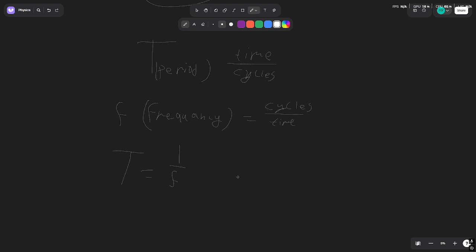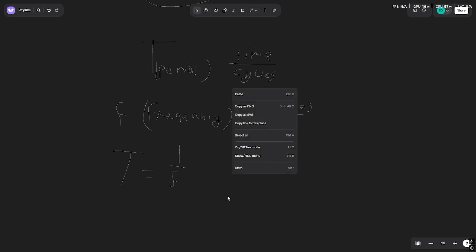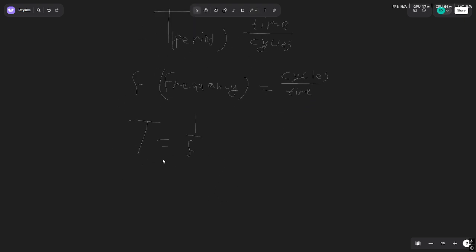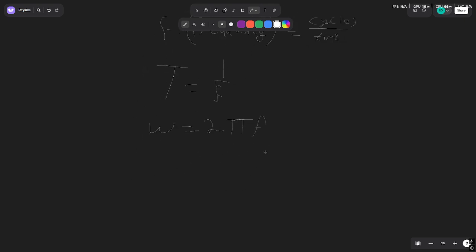And therefore, we need two more formulas. At first, angular velocity equals 2π times frequency. And therefore, angular velocity also equals 2π divided by period. Why not?